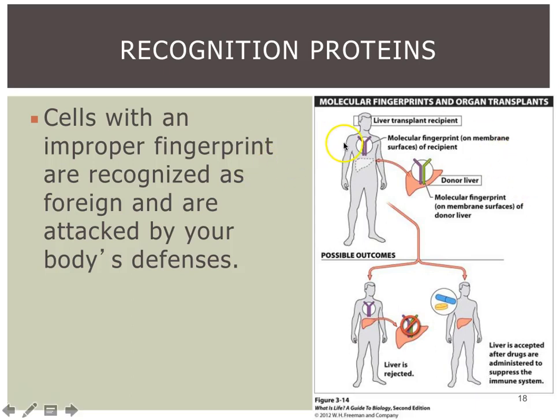So I like the color coding here. This molecular fingerprint, it's all purple inside this person, but this person needs a new liver. And the donor liver is sort of a match to it, but not exactly a match. So what this means is that the person's immune system can attack this liver because they see this bit that's not recognized and they think it's foreign.